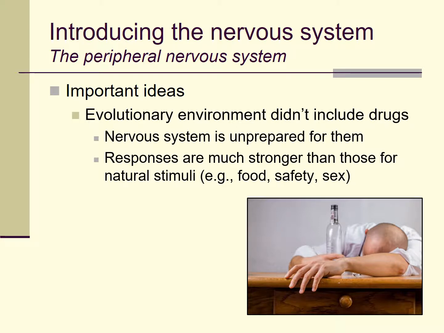You can have a much stronger arousal from cocaine than you might have from having an orgasm, or from facing up to a foe in a fight. You can have a much stronger reaction from heroin than you might have from a relaxing nap that you would take when you're in a comfortable, safe environment.